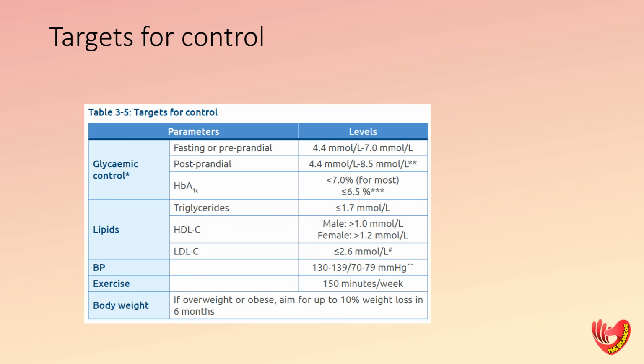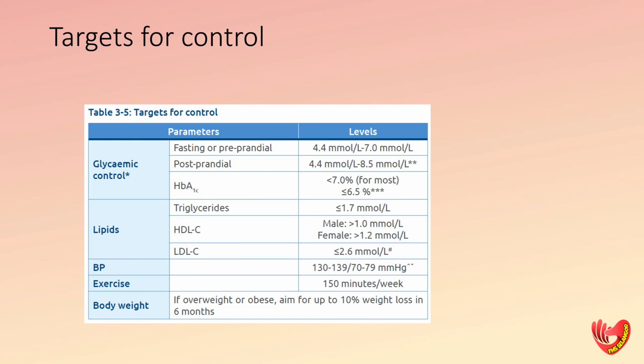To achieve HbA1c less than or equal to 7%, aim for fasting plasma glucose or pre-prandial glucose targets of 4.4 to 7.0 millimoles per liter and 2-hour post-prandial glucose target of 4.4 to 8.5 millimoles per liter. BP targets are revised to systolic BP 130 to 139 and diastolic BP 70 to 79 mmHg.